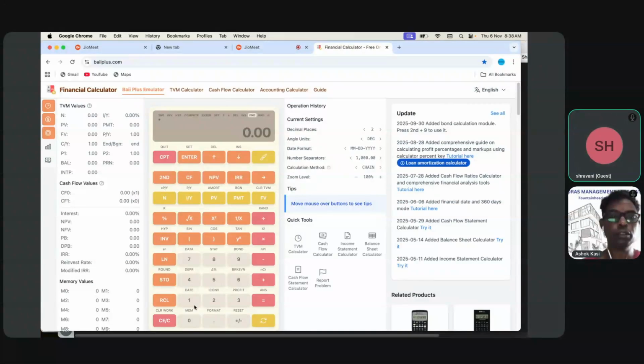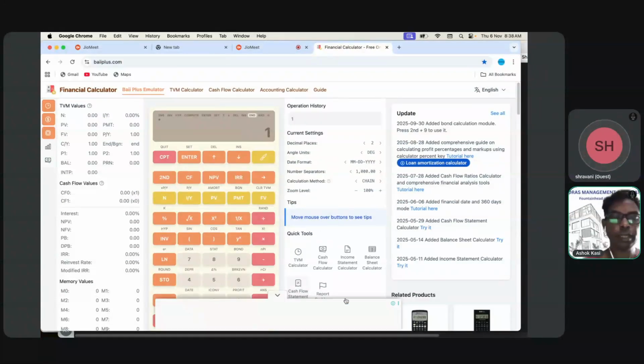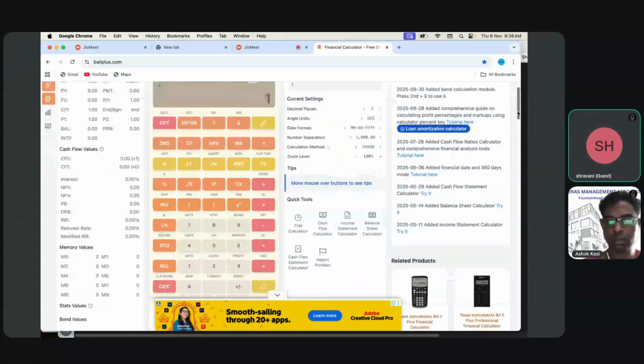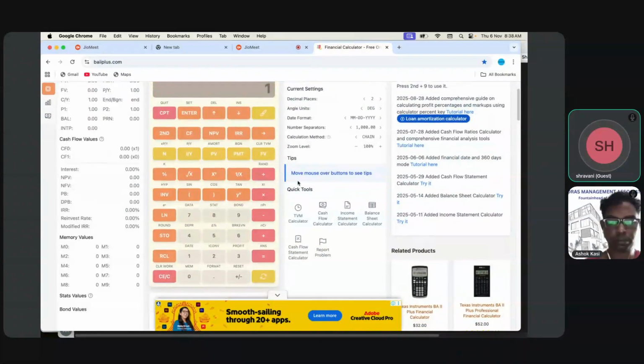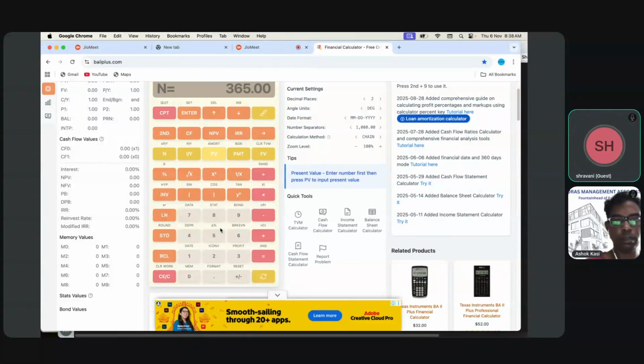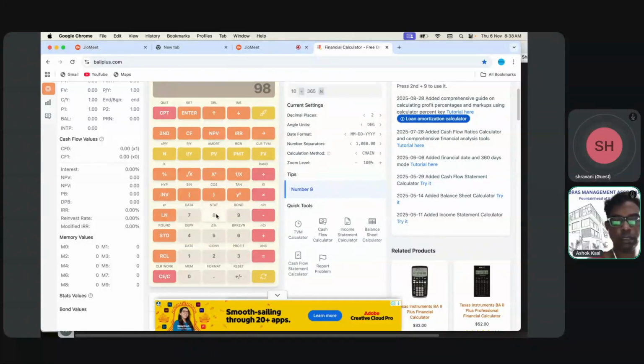N is 10 by 365. 10 divided by 365. That will come in N. Then present value is minus 98.